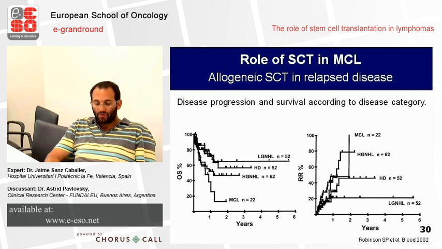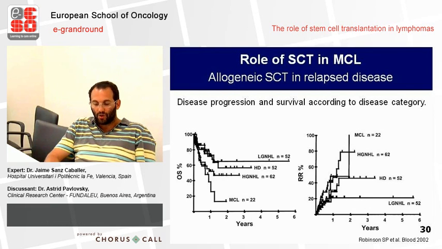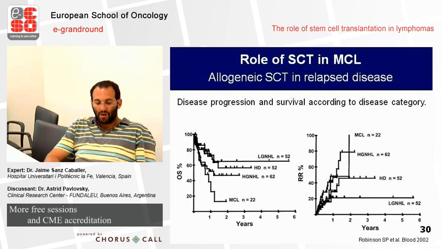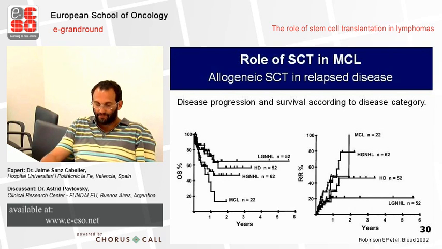The initial report showed a prohibitively high treatment-related mortality of 46% at 1 year and poor 2-year overall survival of only 13%. Results in mantle cell lymphoma seemed worse than for other histological subtypes, mainly due to disease progression going against the strong GVL effect in this disease.